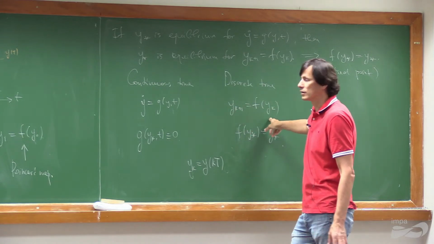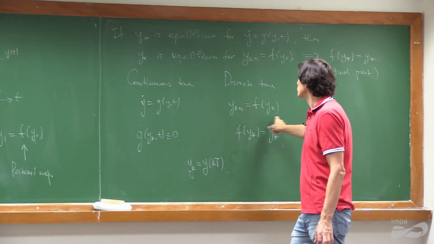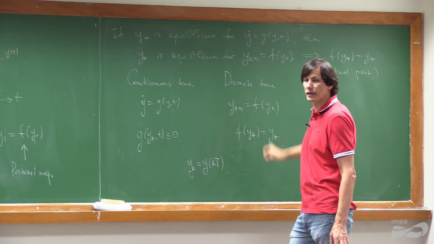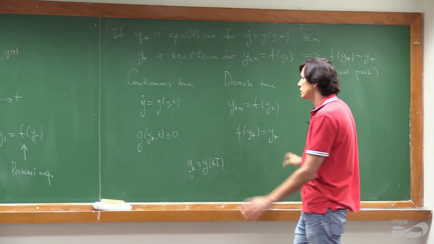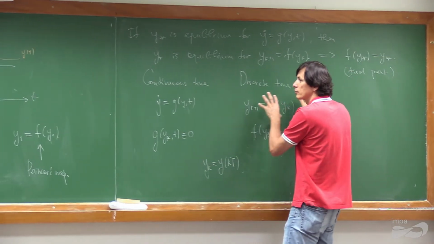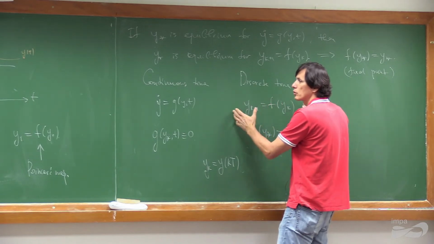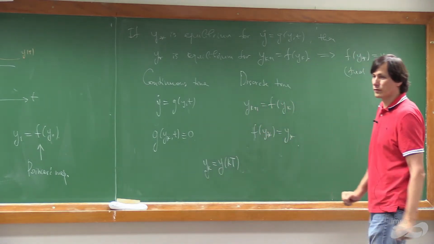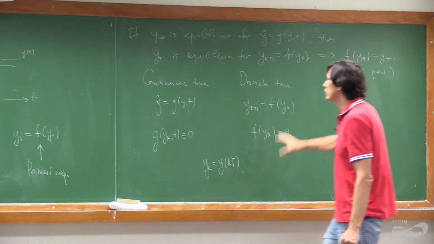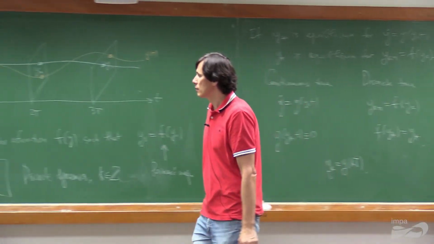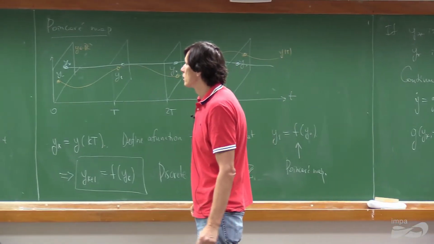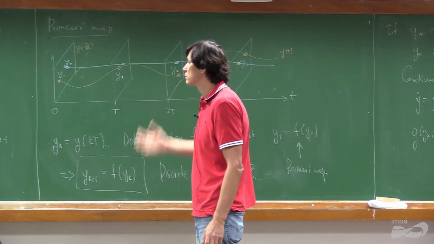So the discrete time system is autonomous. There is no time entering the right-hand side, so we can use the same approach as we used for autonomous systems before, and then carry it back to the continuous time formulation.